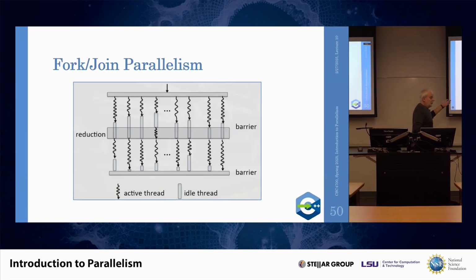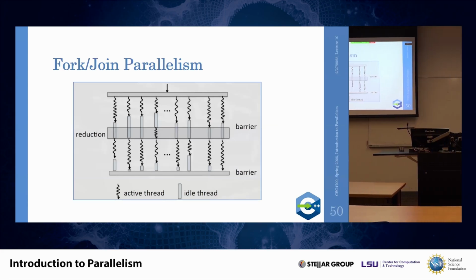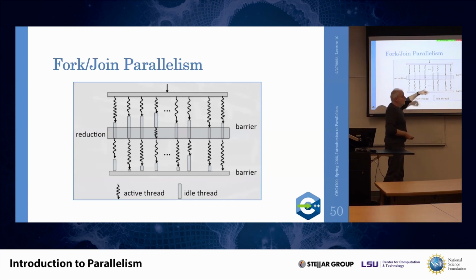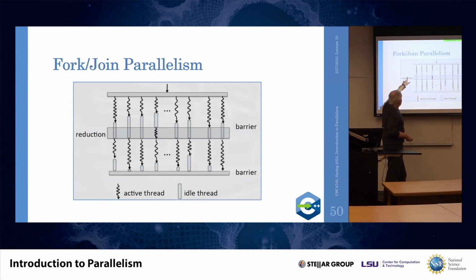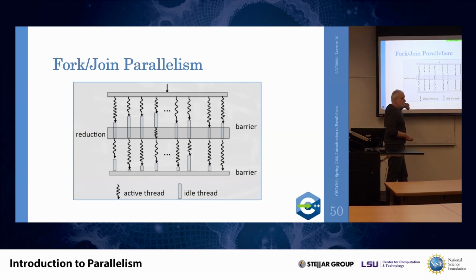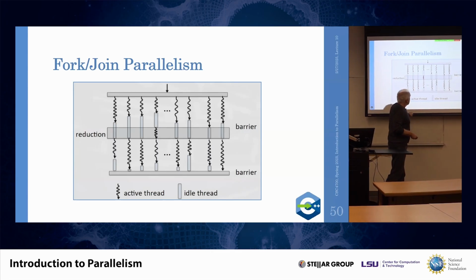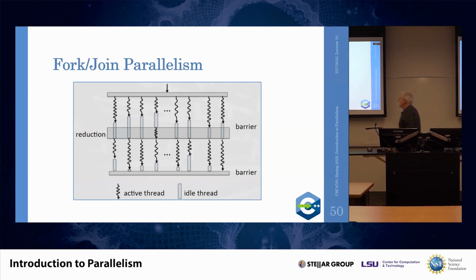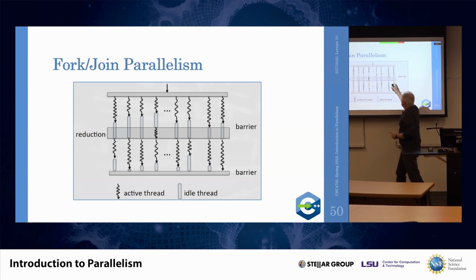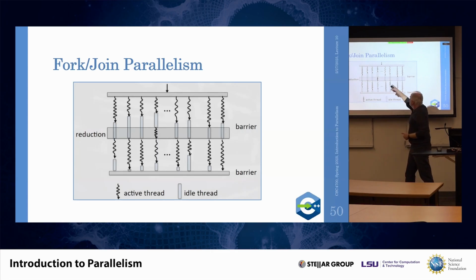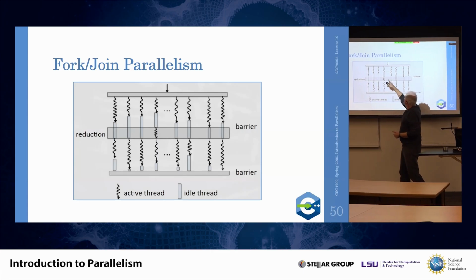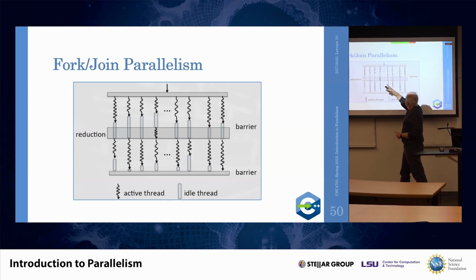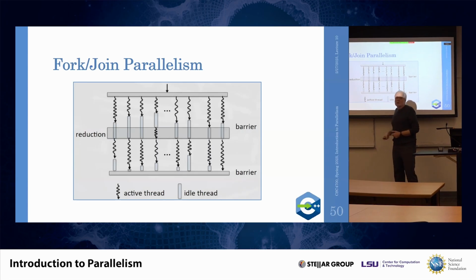Fork-join parallelism, another problem. Tasks run for different amounts of time. If the squigglies are active threads that do something and the blocks are threads that wait for something to happen because they have done their share, you see that there is a large amount of time somewhere in between where threads simply wait for the slowest guy, right? So they have to wait for some operation to finish before they can start parallelism again.